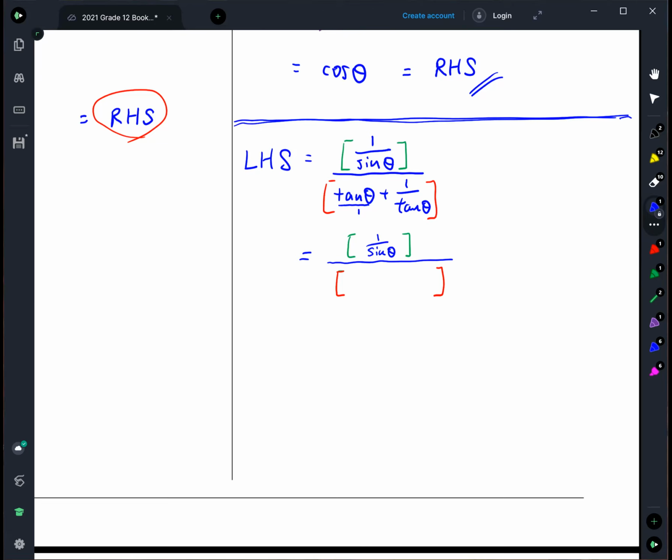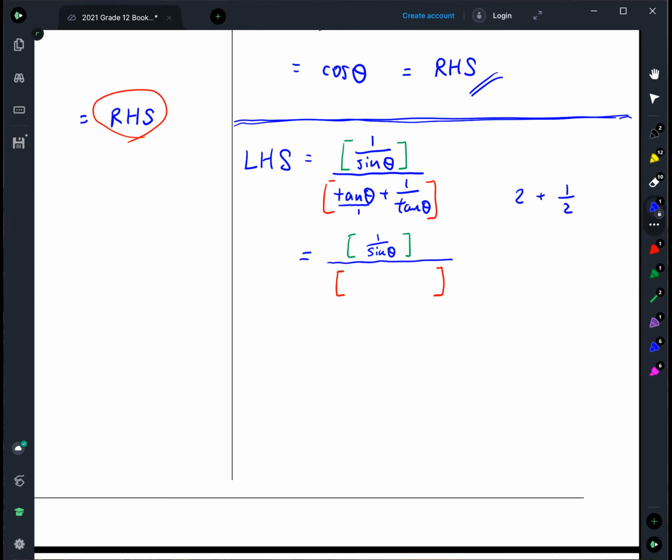Okay, Waylon, can you tell me what you got in the red box? Tangent plus 1 over tangent. How do you add them up? If you're not sure what to do, make up numbers. Think about how you do 2 plus 1 over 2.